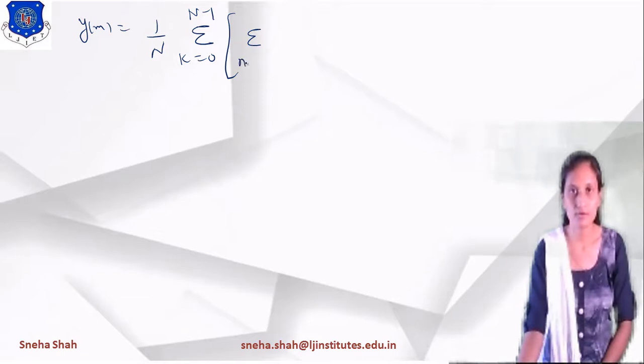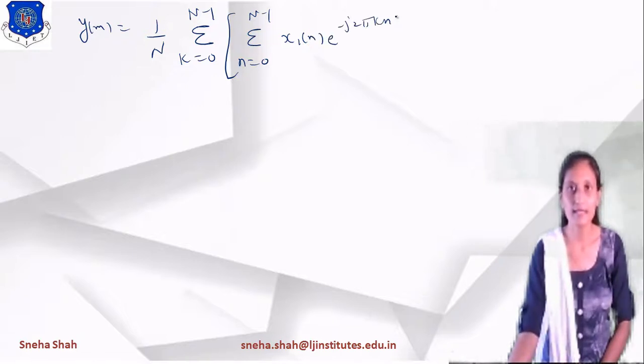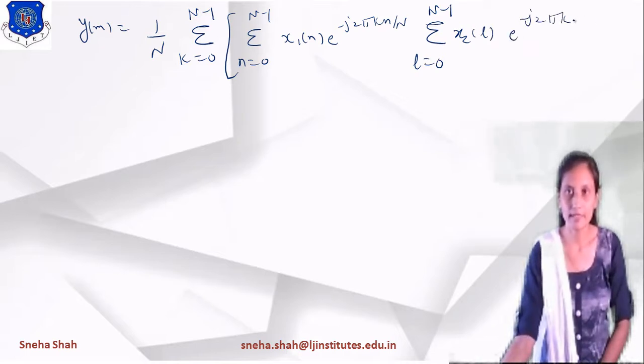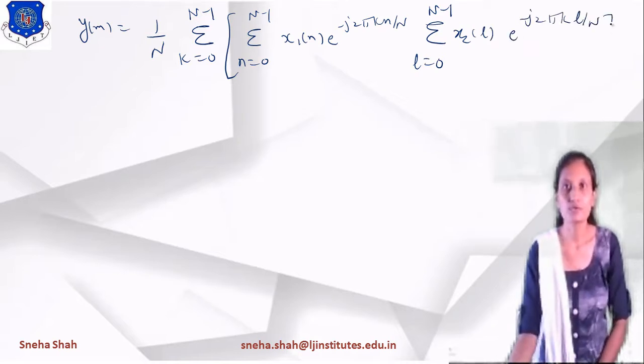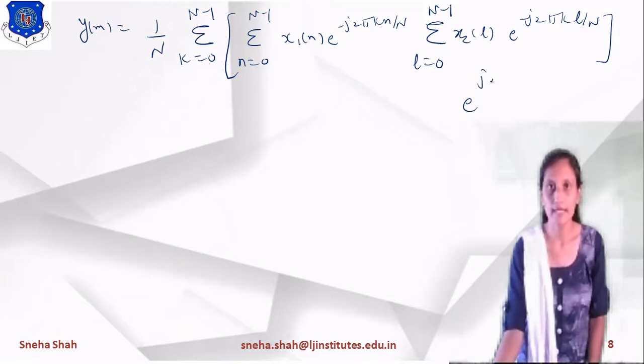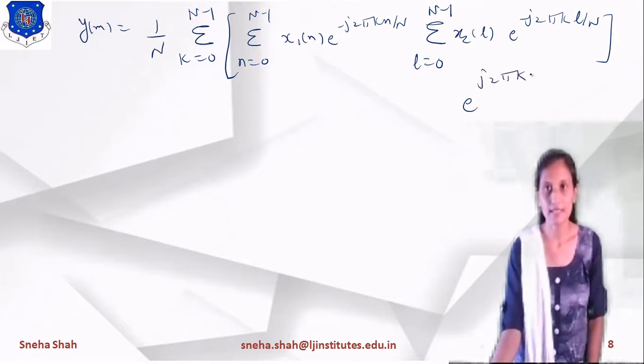Summation n equals 0 to N minus 1 x1 of n e raised to minus j 2 pi kn by capital N, into summation L equals 0 to N minus 1 x2 of L e raised to minus j 2 pi kL by capital N, into the value of Y of k, so we write e raised to j 2 pi km by capital N.